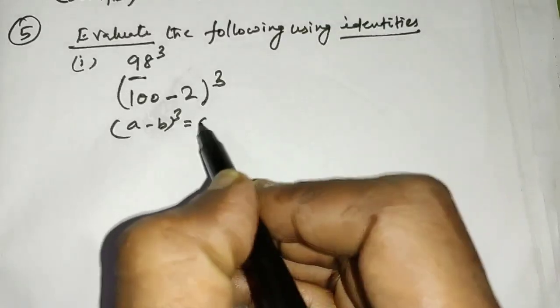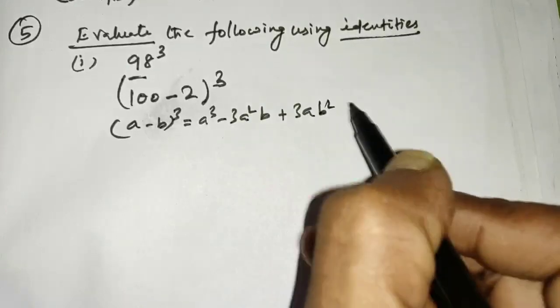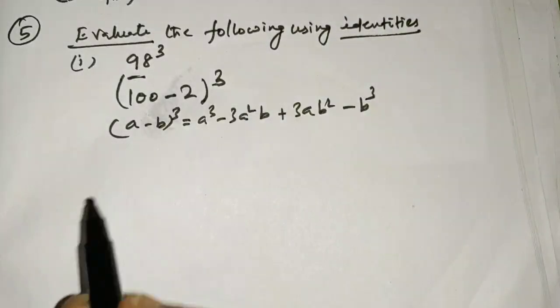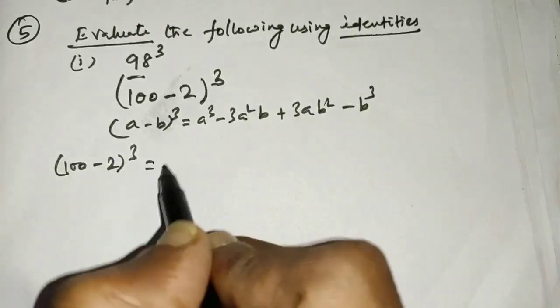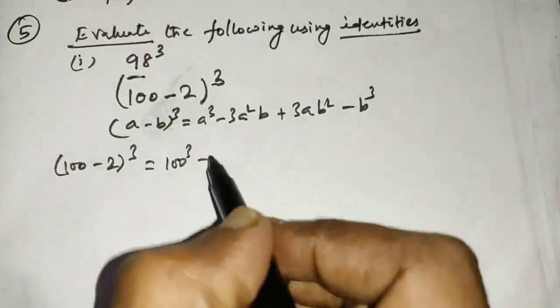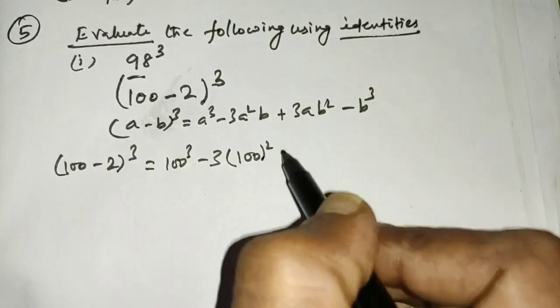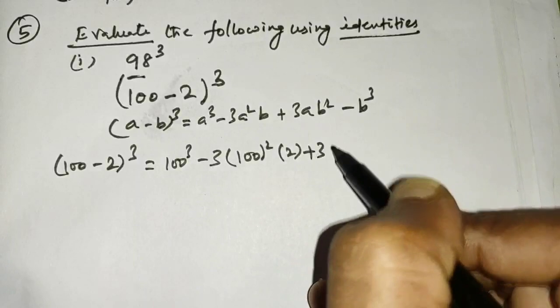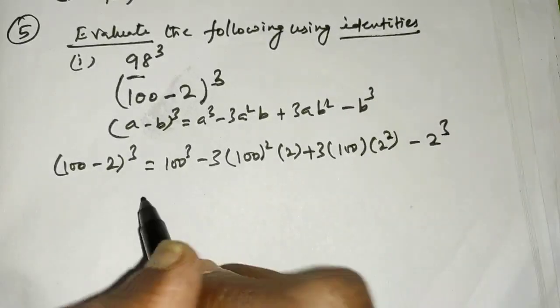Further the expansion is a cube minus 3a square b plus 3ab square minus b cube. So using this, 100 minus 2 whole cube is equal to 100 cube minus 3 into a square, that is 100 square into 2, plus 3 into 100 into 2 square minus 2 cube.